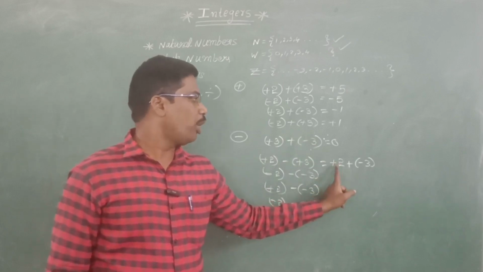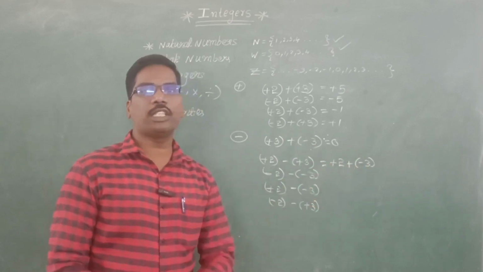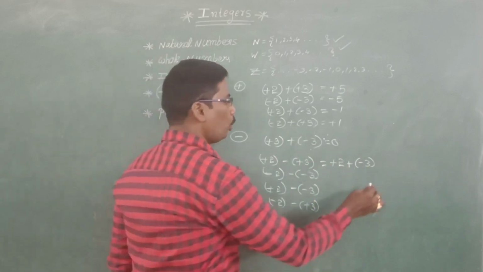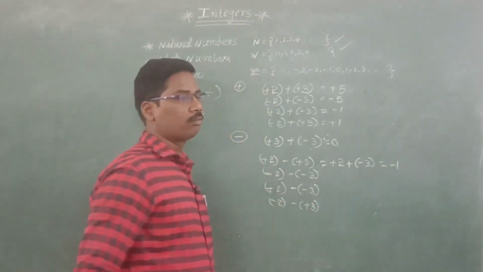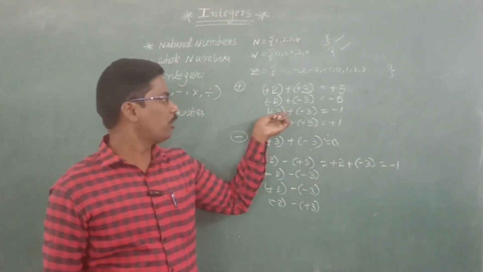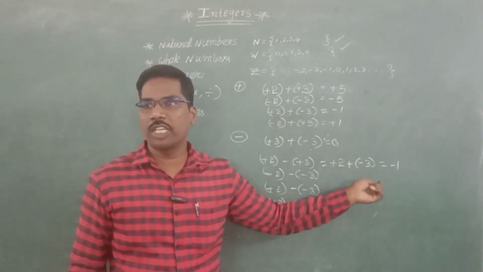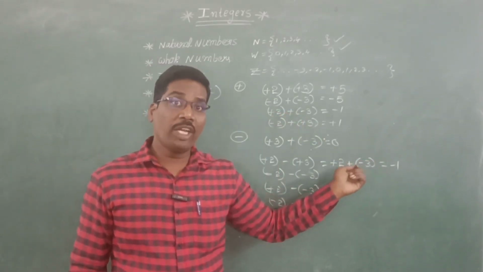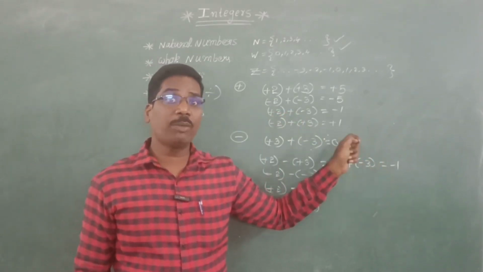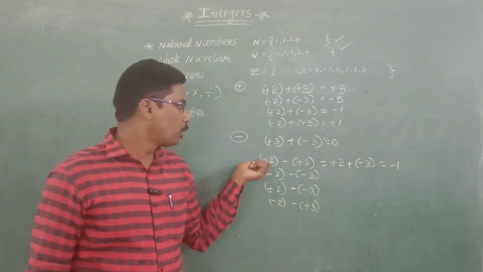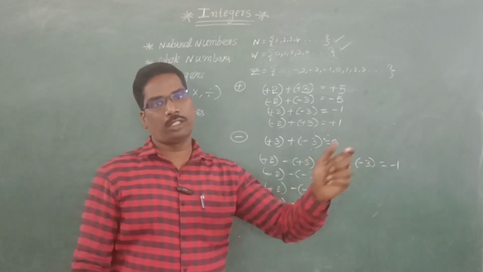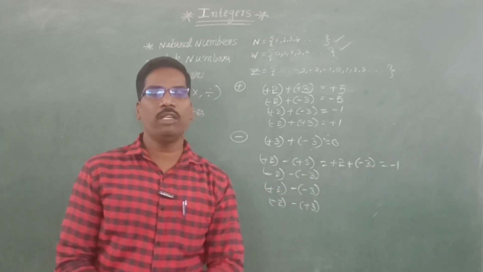The sum of one positive and one negative integer is an integer by doing the difference and keeping the highest value sign. Here the highest value is minus 3, so minus 1. Means 2 minus 3 is nothing but minus 1.